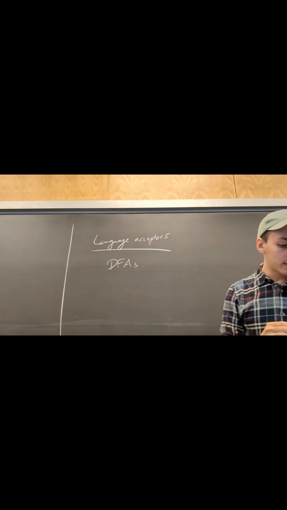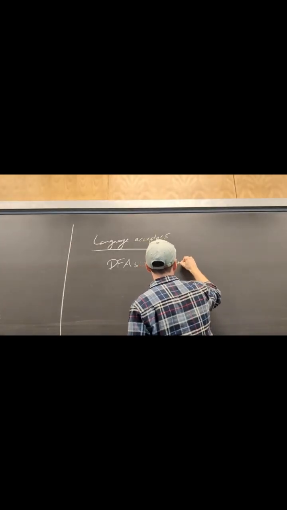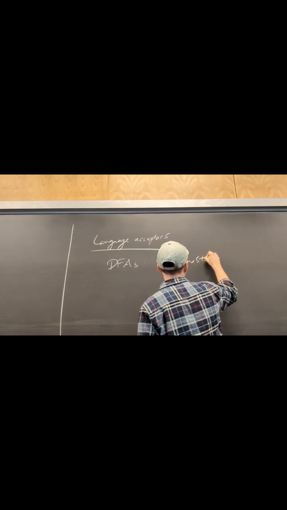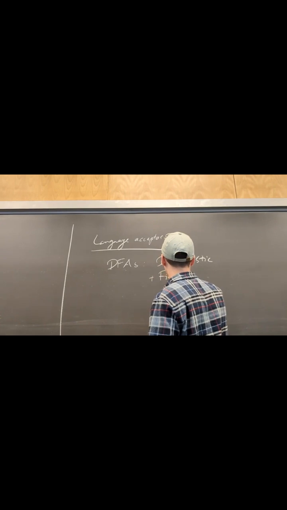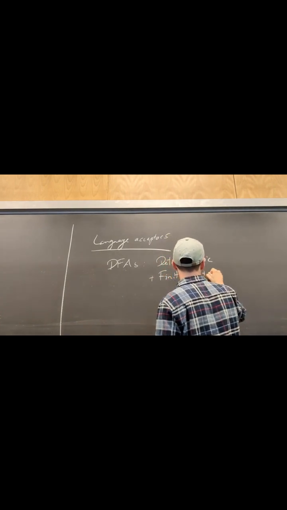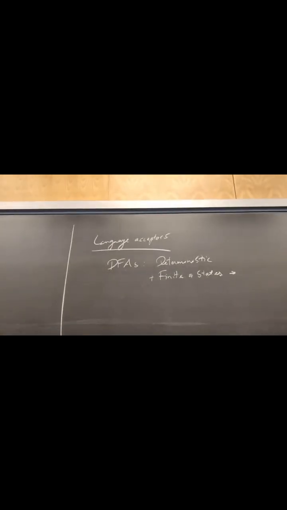DFAs are, like I said, very simple models of computation because they're deterministic, and they also have a finite number of states, which, if you've taken something like Comp 250 where you look at big O notation, just means that you can use O(1) amount of memory.